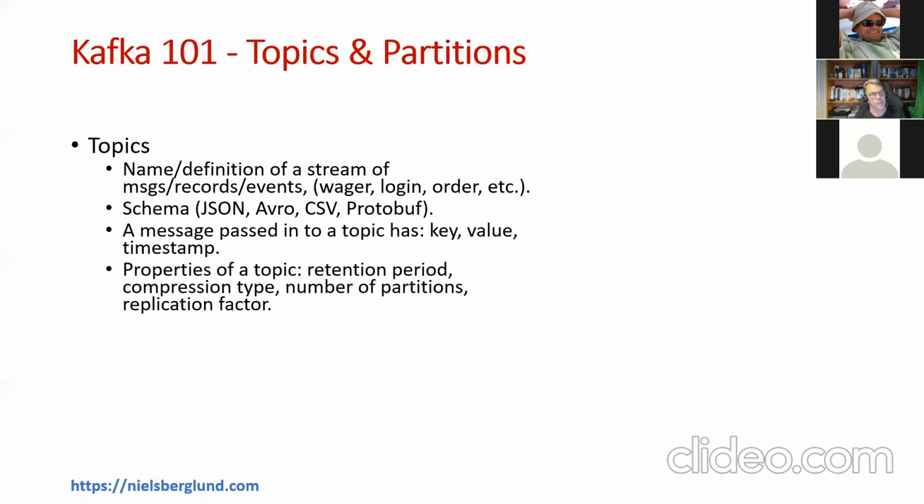This topic has a schema. It can be JSON, it can be Avro, it can be CSV, or it can be protobuf. Most likely, at least when you start up, you probably are using a JSON schema. The record, the event, the message that is being passed into the topic, is defined by a key, and that is a little bit like a primary key in a database table.